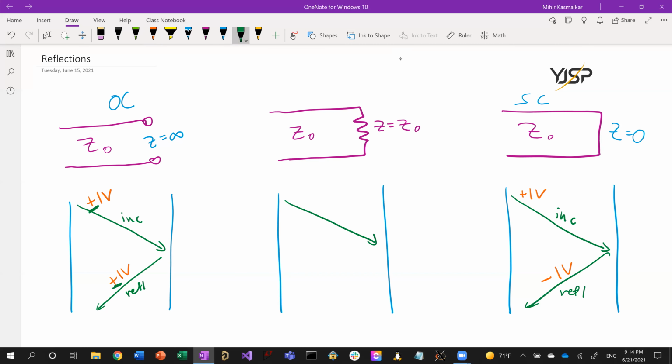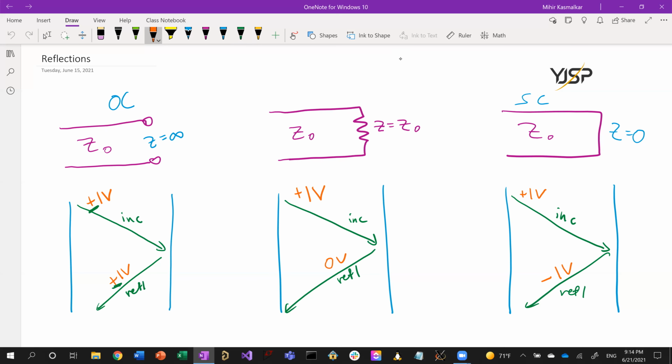You have the incident wave, and I'll just draw a reflected wave just for symmetry. But if I were to launch, again, plus 1 volt onto here, you would see 0 volts reflected. You wouldn't see a reflected wave. So those are the three cases that we have.